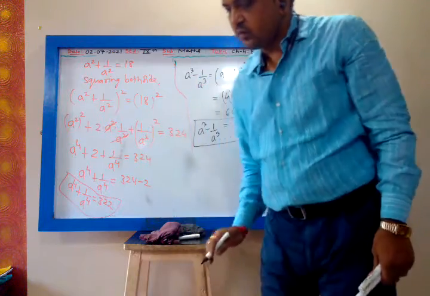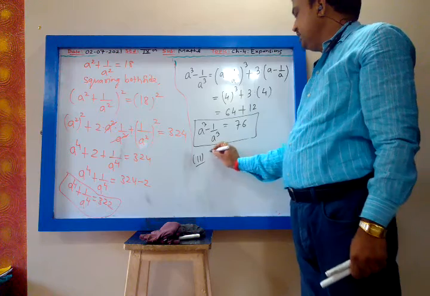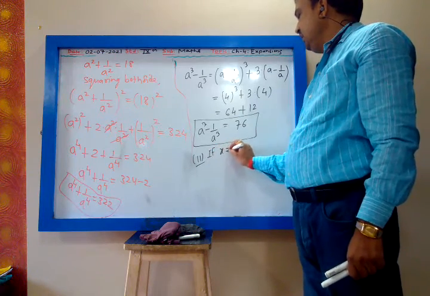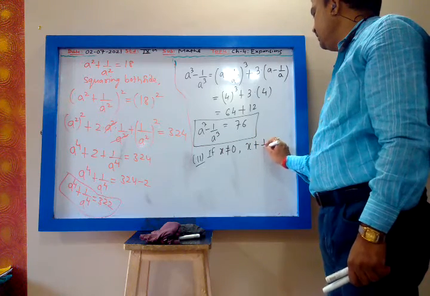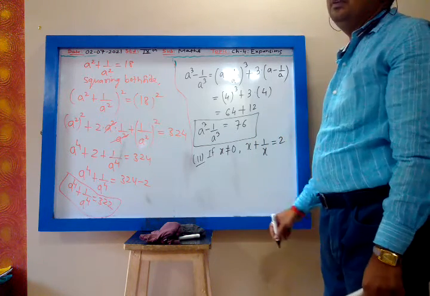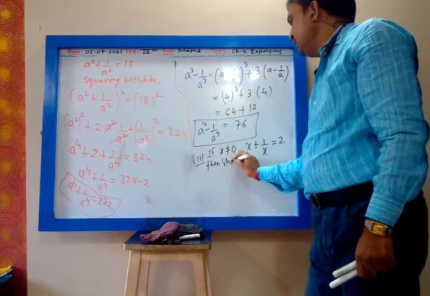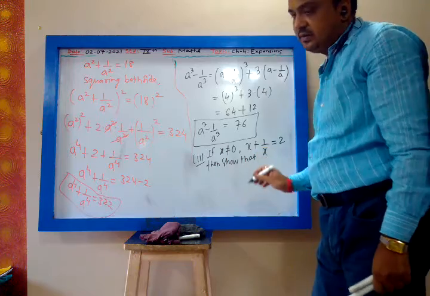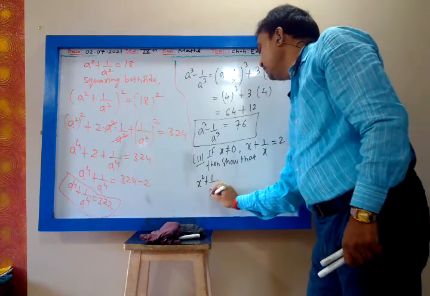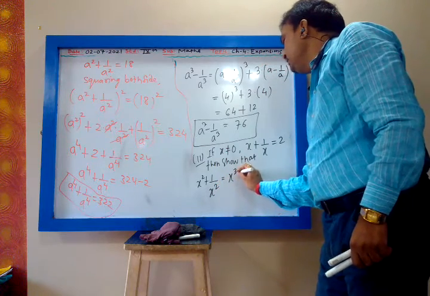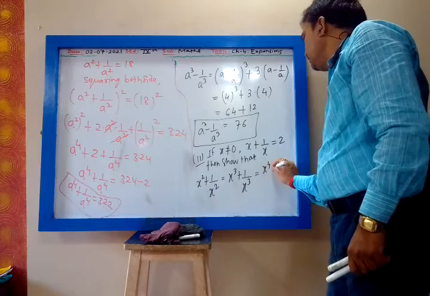Okay. Then the 11th one. If x is not equal to 0 and x plus 1 upon x is 2, then show that x square plus 1 upon x square is equal to x cube plus 1 upon x cube is equal to x raised to 4 plus 1 upon x raised to 4.